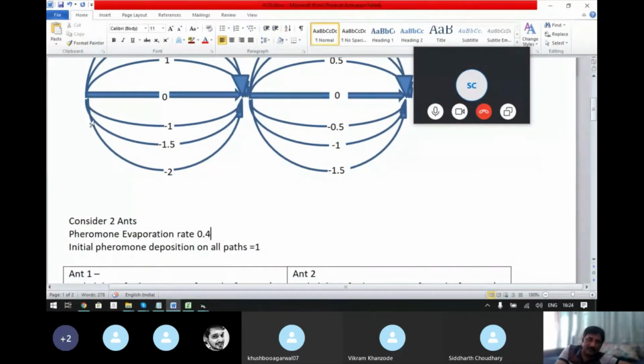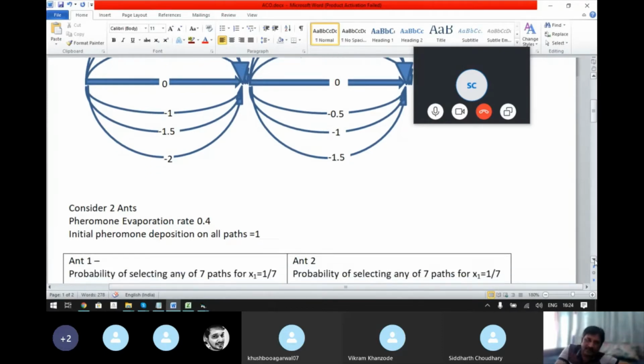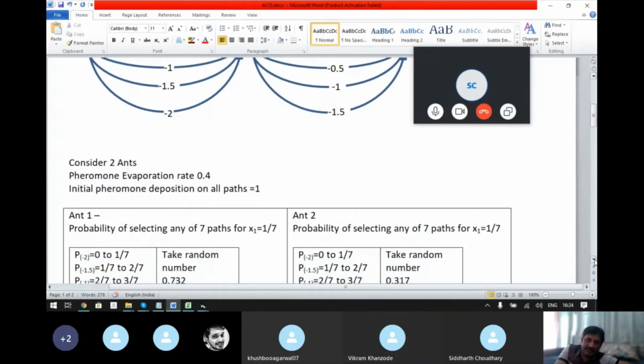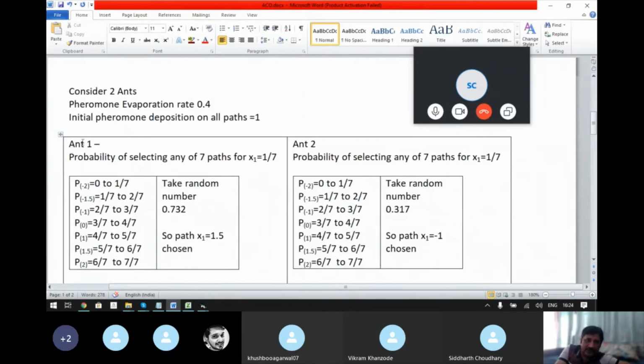The probability that the ant will select any of the 7 paths is 1 by 7. Which path will be selected will be decided by a certain random number which will be fired. We are doing the analysis for ant1.